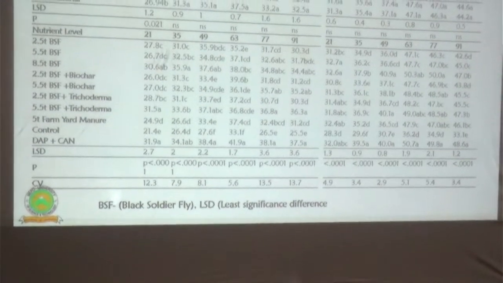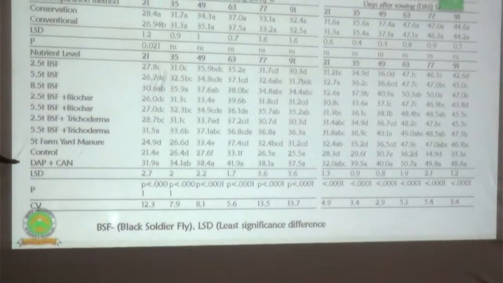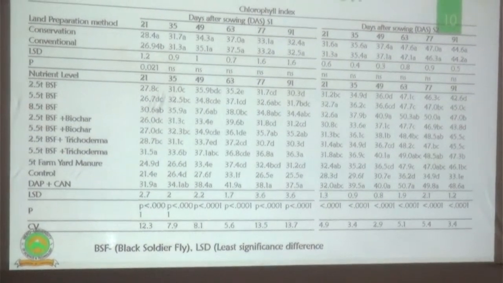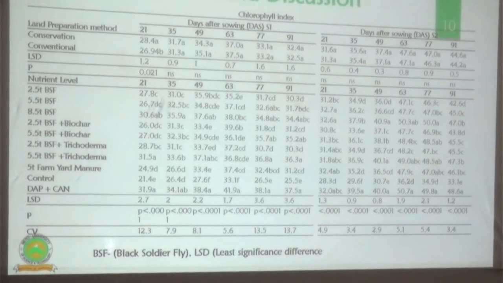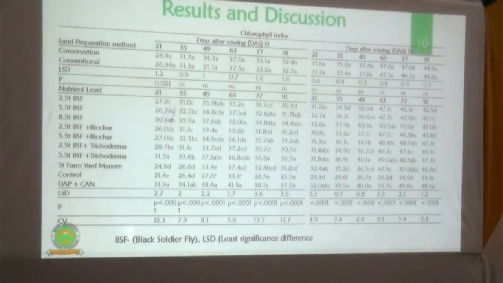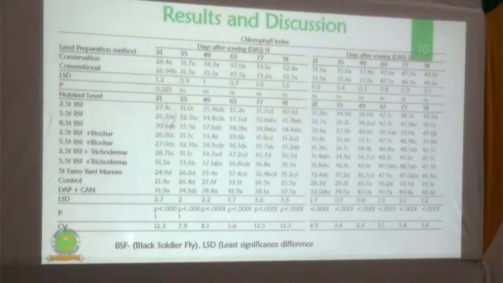But here, when you compare the chemical, which is normally used by the farmers, with the 8.5 tons frass fertilizer, it's somehow the same, because this one is pure organic and this one is chemical. And the more we induce chemicals into the soil, the more we destroy the soil microorganisms.